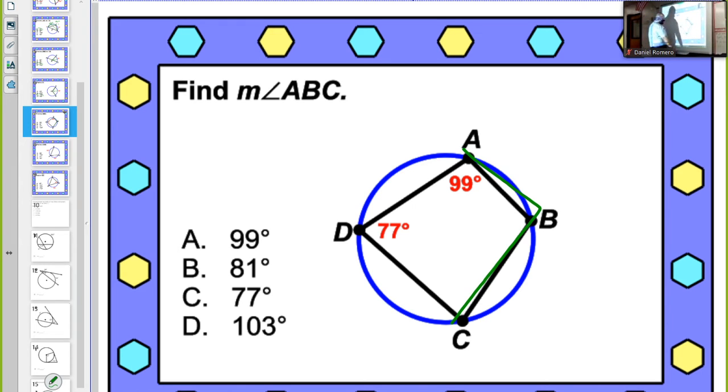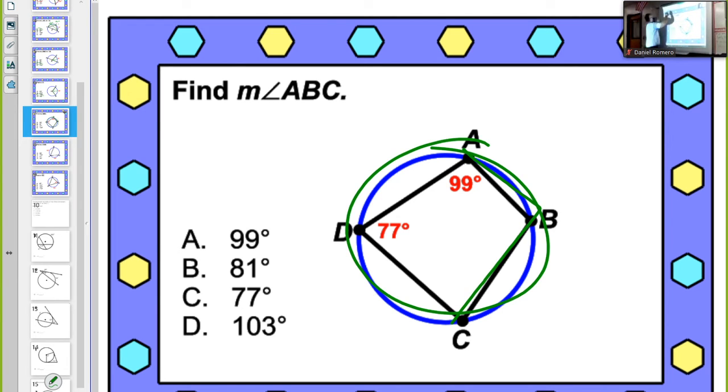Who remembers the property that we could use, because they're not giving us any information about any of the arcs on the outside? Who remembers the property that we learned about inscribed quadrilaterals? It's going to be in the notes. Ferris, you think you remember?